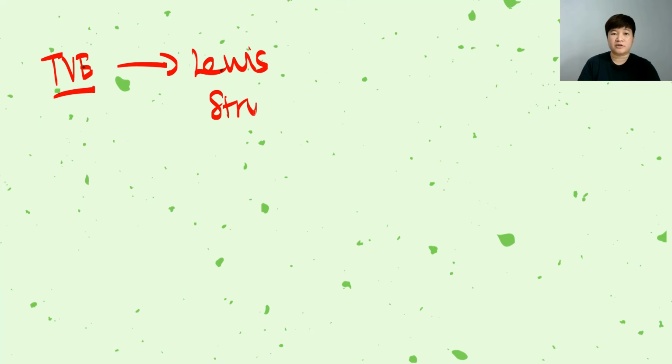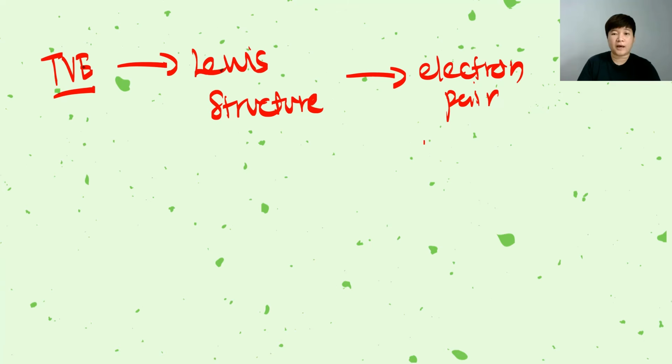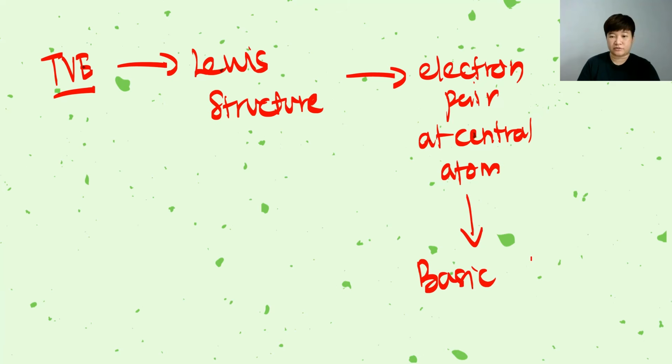So a conclusion for this is, how do we determine the basic geometry? We start off with the total valence electron, and then you proceed to your correct Lewis structure. Make sure you have your correct Lewis structure. And then we are going to calculate your electron pair. Make sure you calculate the electron pair at the central atom only. I have given you the formula, so go and check back the formula. From the electron pair, you are going to determine the basic geometry.